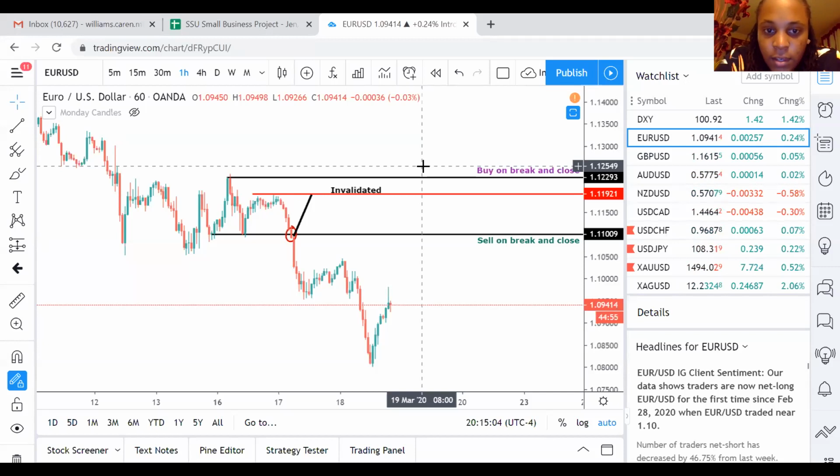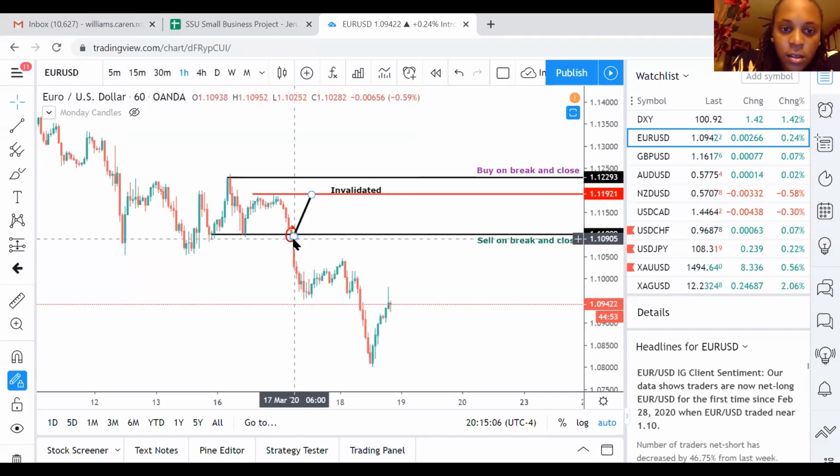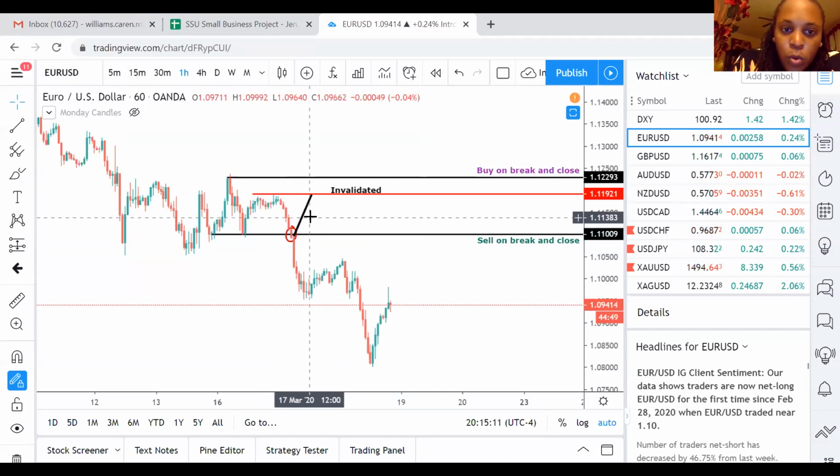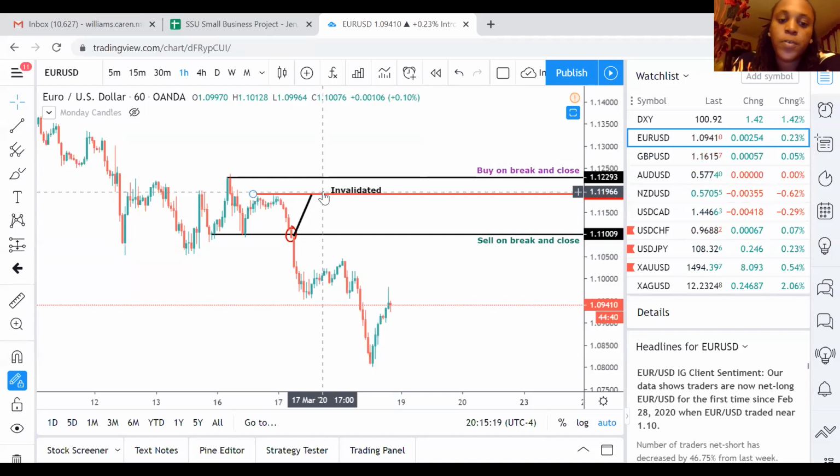So if the trade had to break here and then start to come back within this zone, the sell is still valid, unless it breaks your previous high. That is why your stop loss is there.